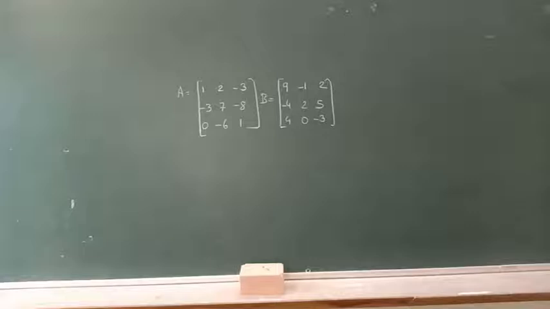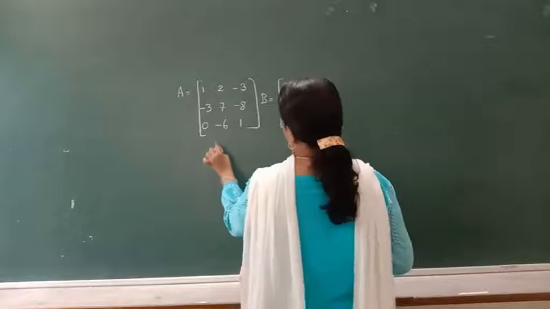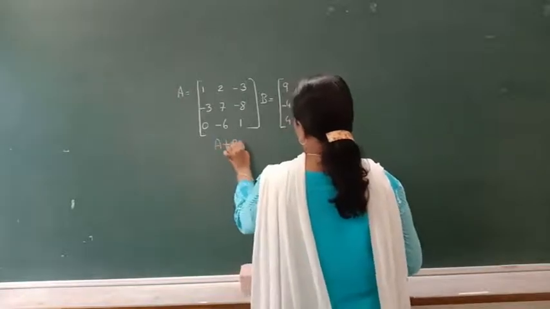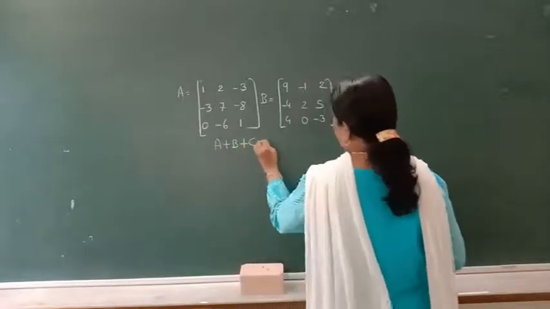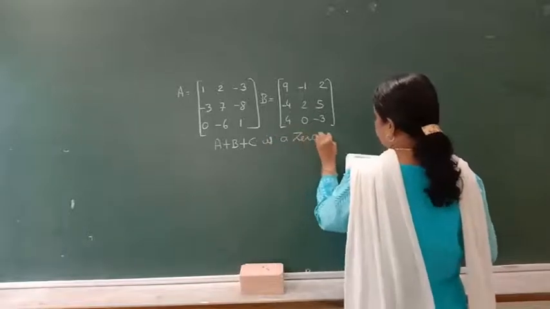Now we want to find C, given that A plus B plus C is a zero matrix.